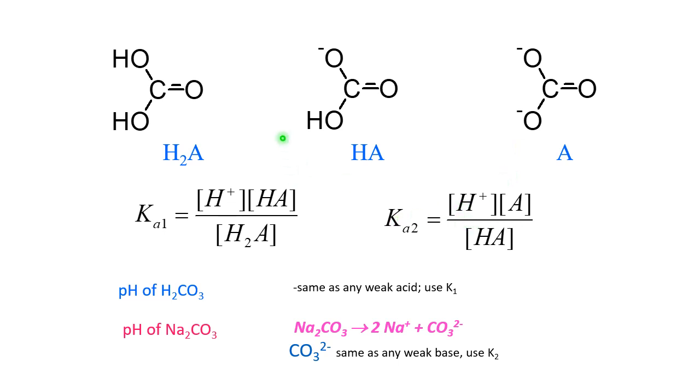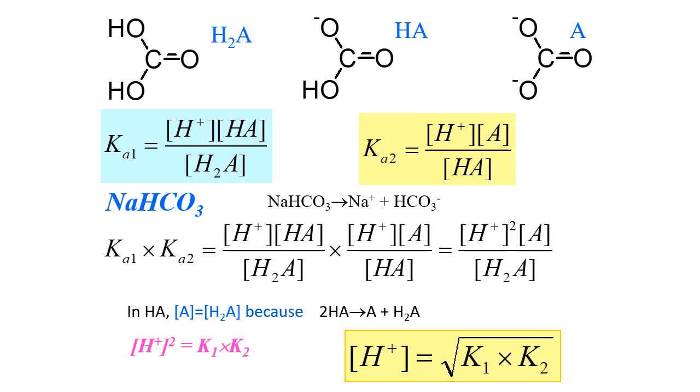Now, what about the intermediate form, hydrogen carbonate? This is so-called baking soda. This is laundry soda, a strongly basic solution, and this is baking soda, hydrogen carbonate. So again, we have three forms: carbonic acid itself, hydrogen carbonate, and carbonate ion.